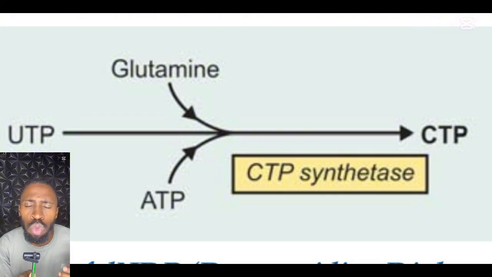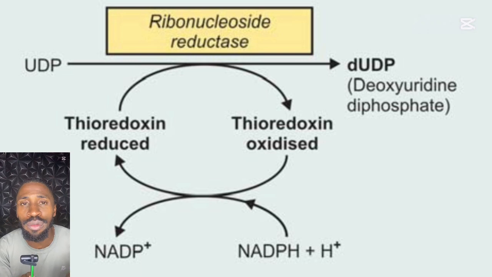From UMP we can also go to formation of TTP. So first of all, we have UMP. First of all, we have to convert UMP, which is an RNA molecule, to dUMP, which is a DNA molecule. Before we go to form TTP, remember we said thymidine is a DNA molecule.